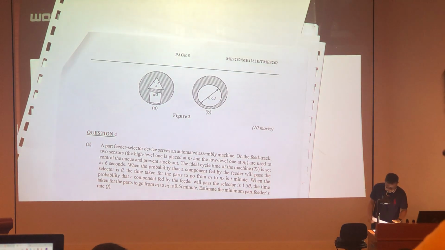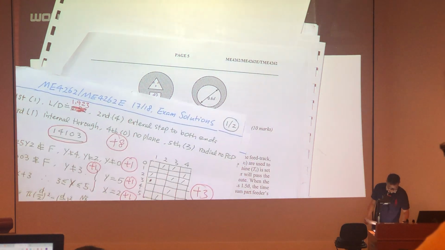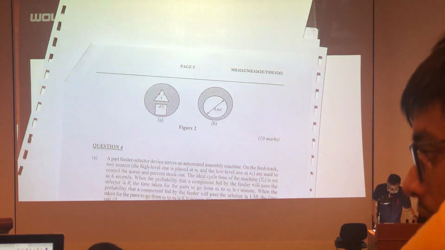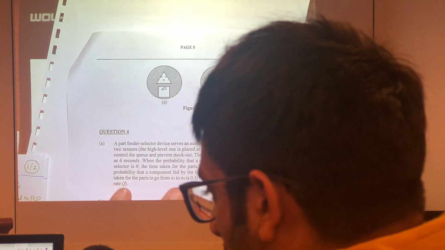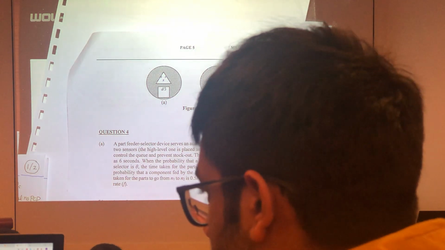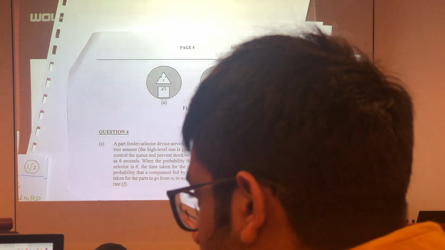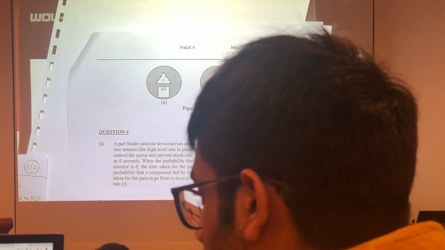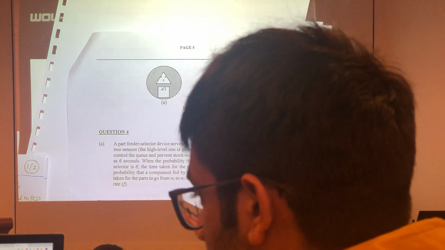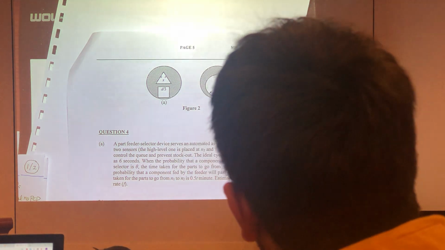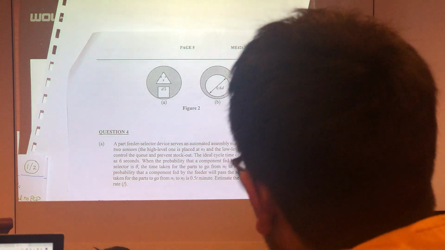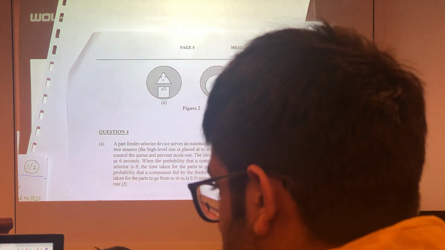Okay, so now we move to question 4. A part feeder selector serves an automated assembly machine on the big track. High level sensor at N2, low level at N1. The ideal cycle time of the machine is 6 seconds, TC.